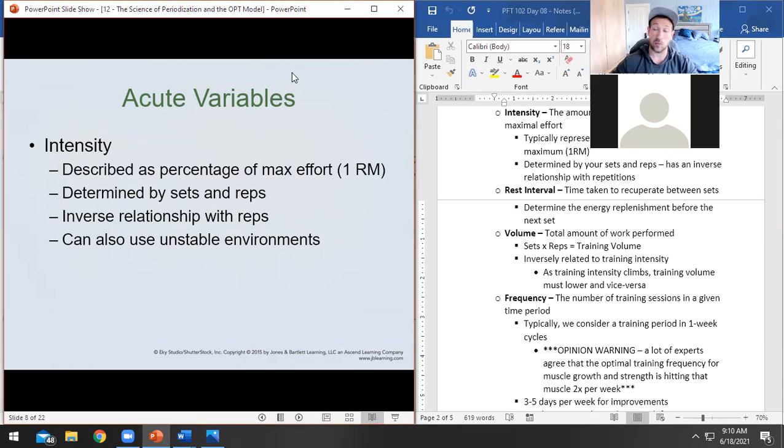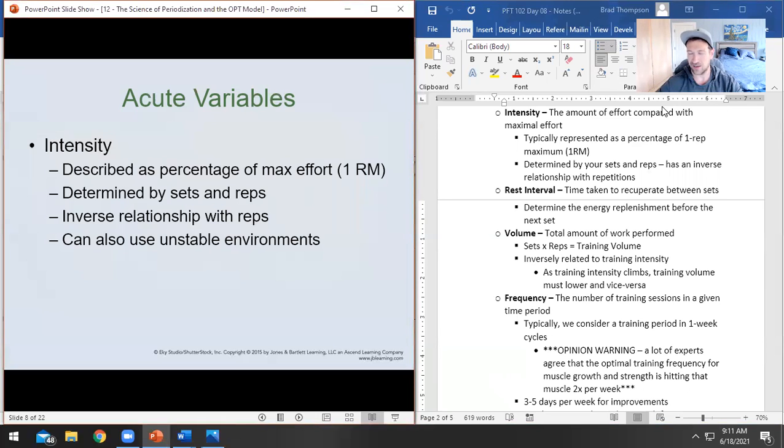Let's say your 1 rep max is 100 pounds, so you put 75 pounds on that bar. Well, you're probably going to do around 12 repetitions, because that's usually what corresponds to about 75% or so. So intensity is the maximum number of reps.